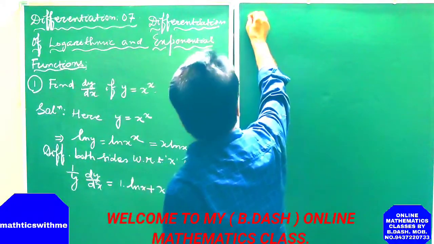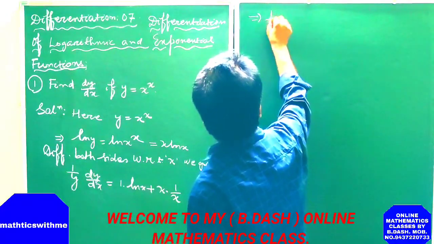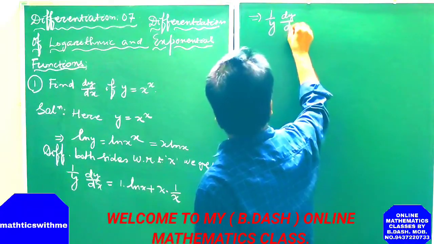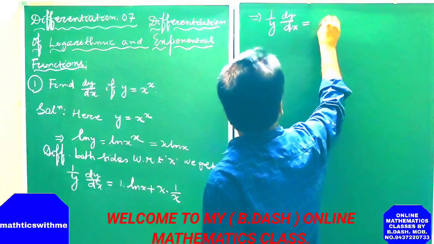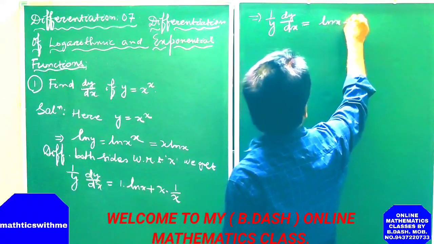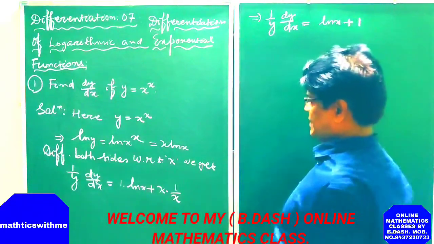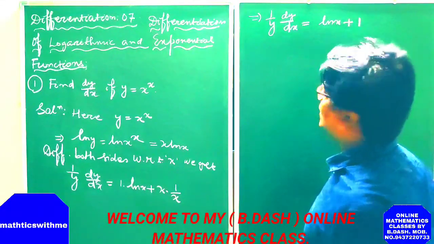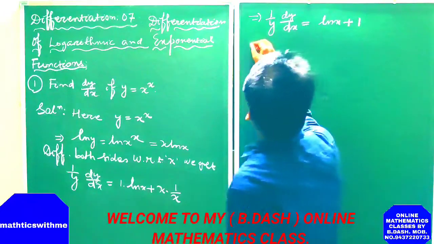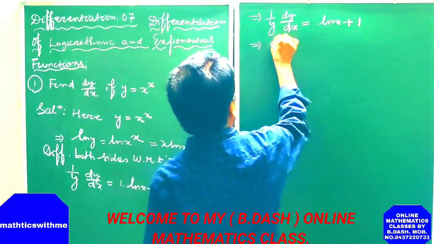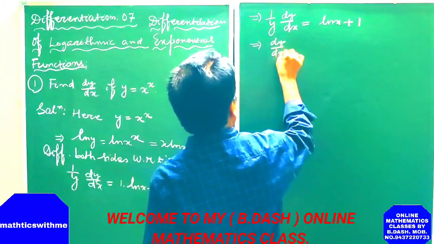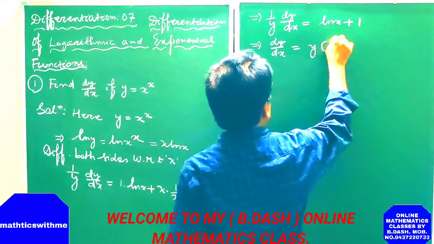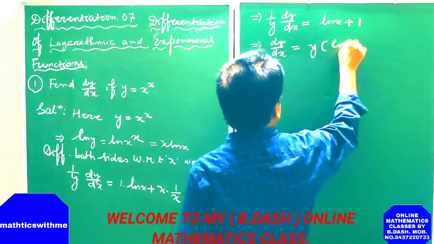So this implies 1 by y dy by dx is equal to ln x plus 1, since x cancels. Then dy by dx is equal to y into (ln x plus 1).